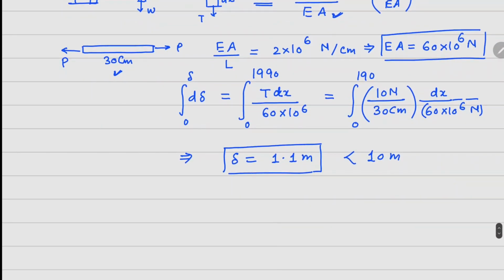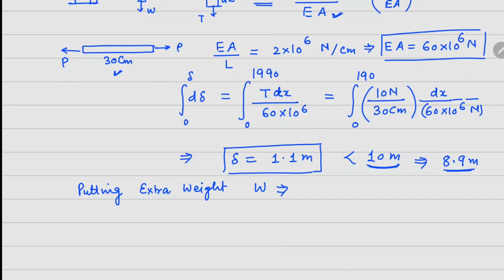So now if self weight is not helping and we have to reach this 10 meters, how much more do we require? If we are interested in putting extra weight W there, we need 8.9 meters more so that it touches the ground, right? So we can find this W by comparing this 8.9 meters, which is your delta, to W times L over EA.